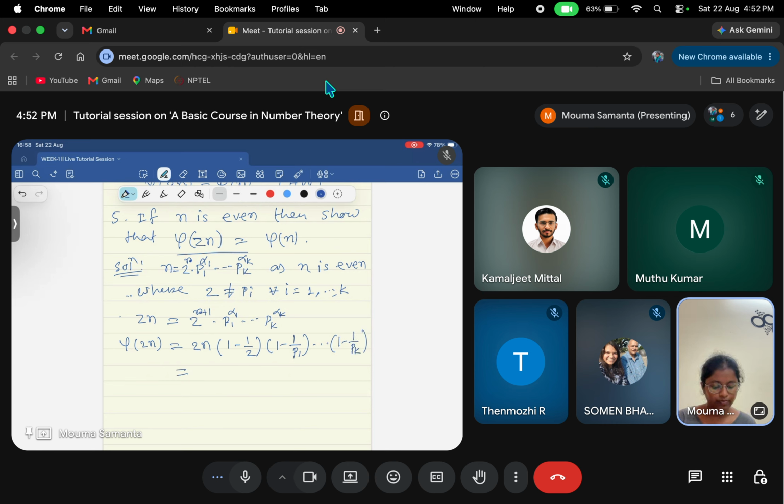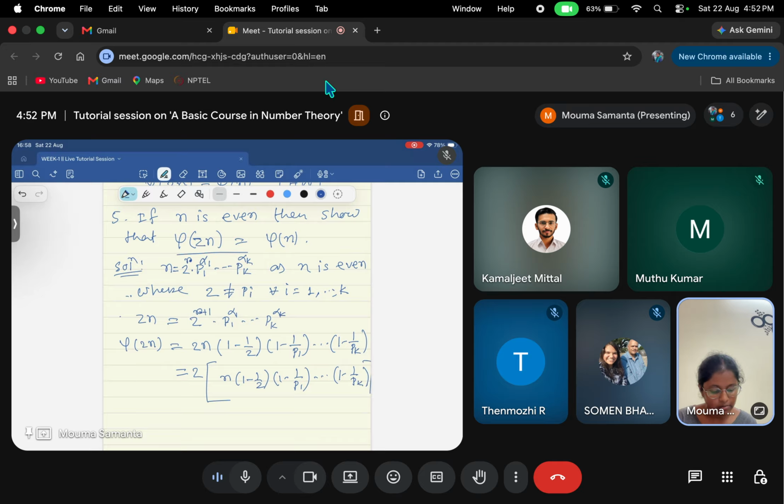So what is the difference between the prime decomposition of n and that of 2n? There is just one extra 2 in 2n, so if you take 2 outside, n times 1 minus half, 1 minus 1 by p1, up to 1 minus 1 by pk.